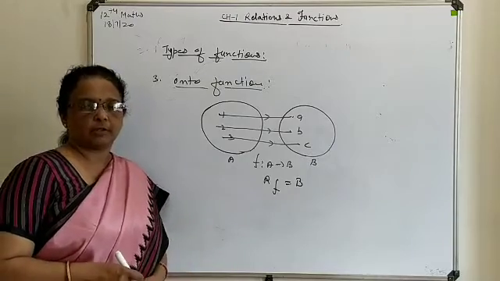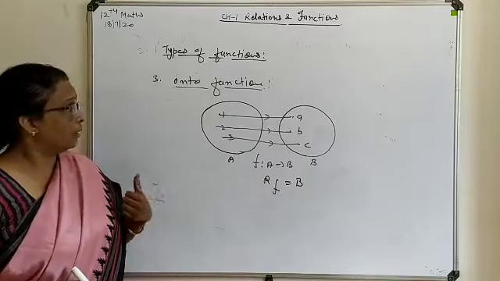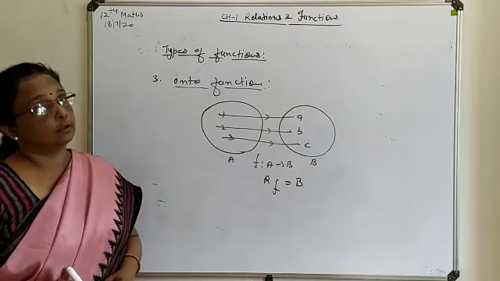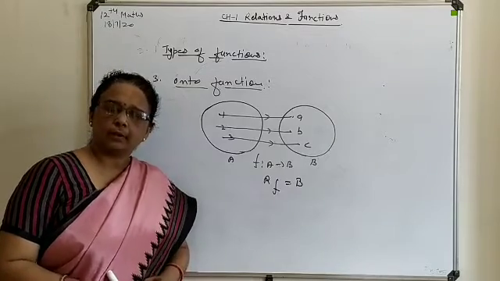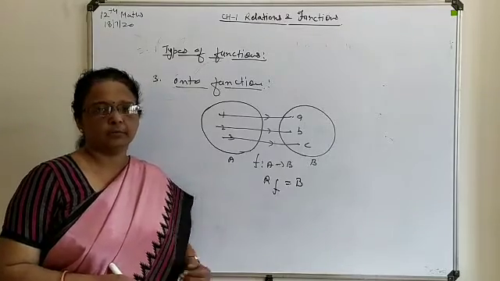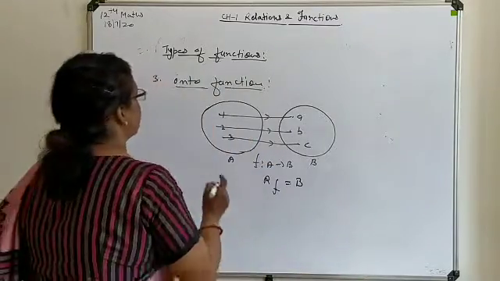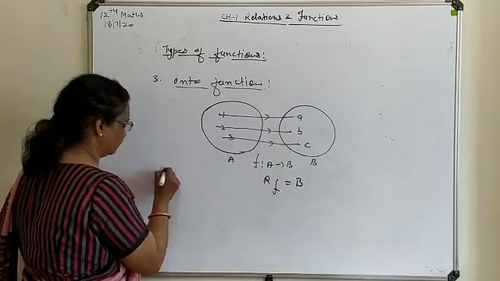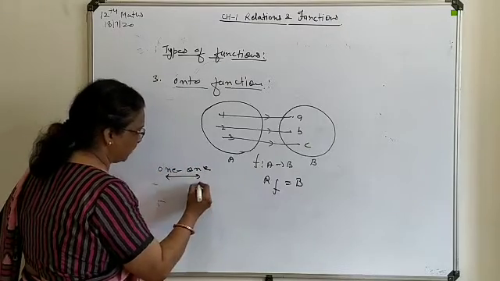Now next we try to understand which one can be one-one, onto or many-one. Here is a short form of one-one, many-one and onto. We have some terms here. If your function is one-one, as a single term it can be called injective.